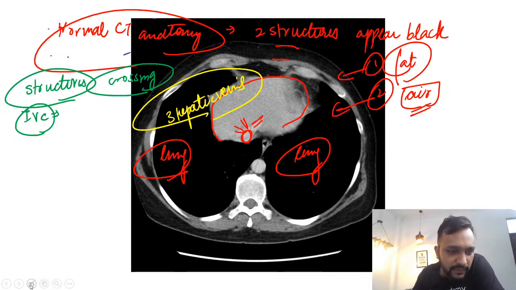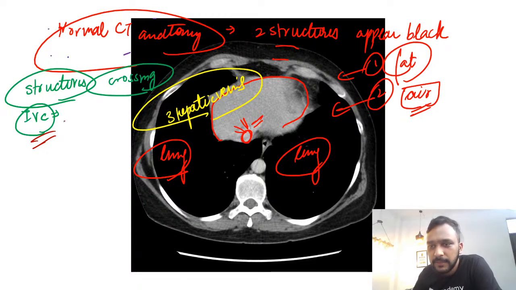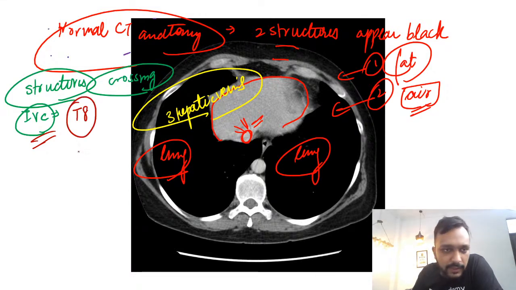IVC crosses the diaphragm at what level? Anyone in the comment section who can tell me? It crosses the diaphragm at T8 vertebral level, along with the right phrenic nerve. So this is your IVC crossing your diaphragm at the T8 vertebral level.